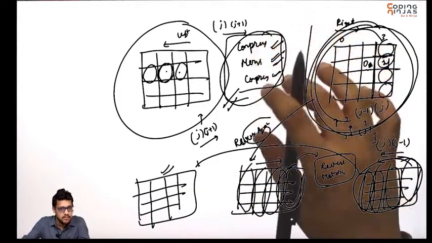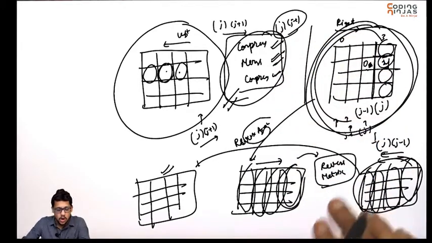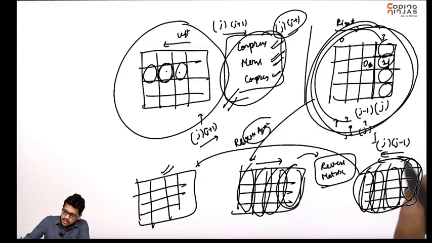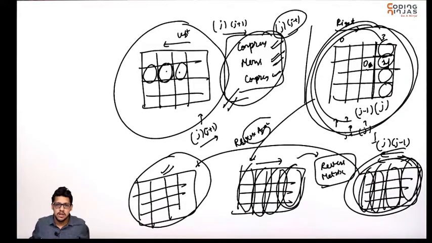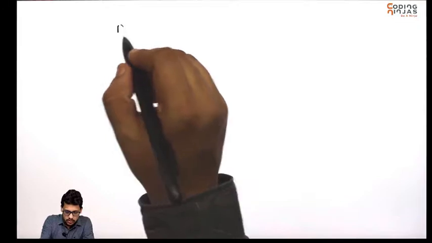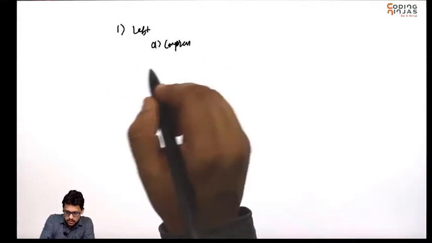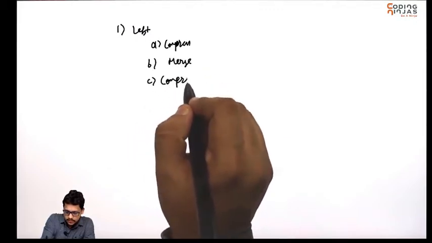So the logic behind compress, merge and compress, that was of jth plus 1, will remain the same. The only difference is, in case of right move, first reverse the matrix, then apply compress, merge, compress, then again reverse the matrix, and you are done with the right move. Accordingly, we can generalize every move. In left, there was compress, merge, and then again compress.